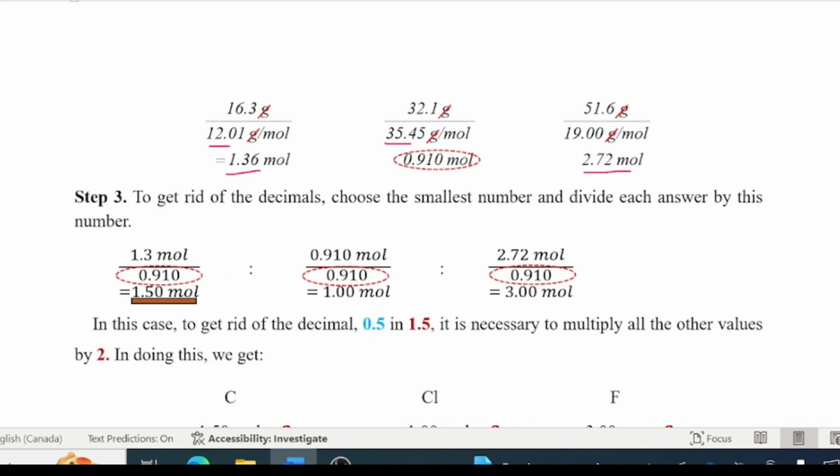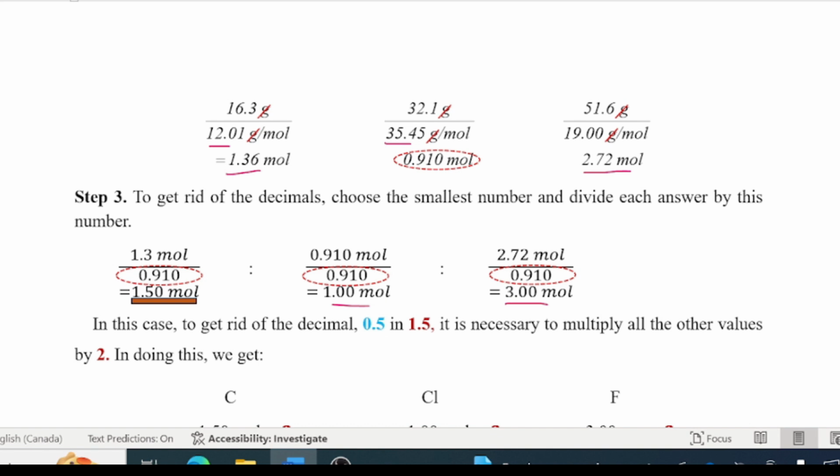So having done that, we ended up with nice round figures here, but we still ended up with a decimal of 1.50. So to get rid of this now, we multiply everything by 2, because by multiplying this number by 2, we end up with a whole number of 3.